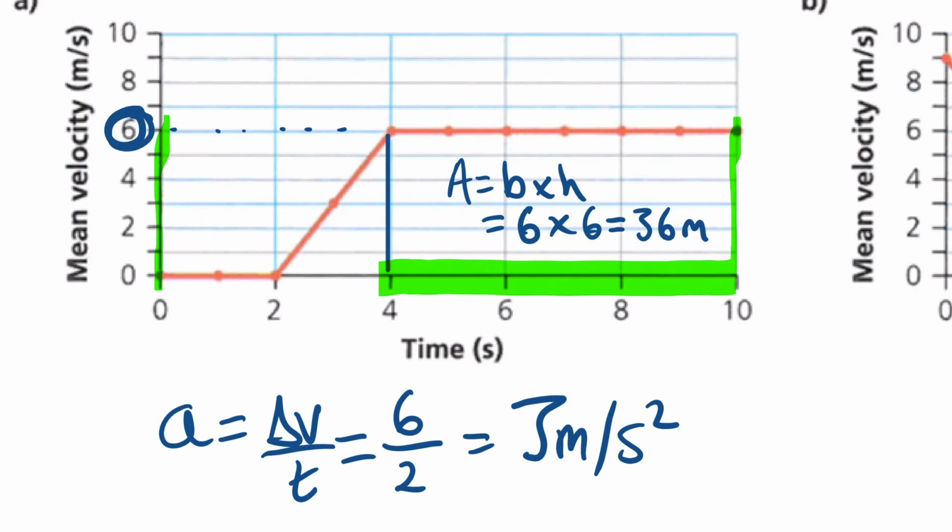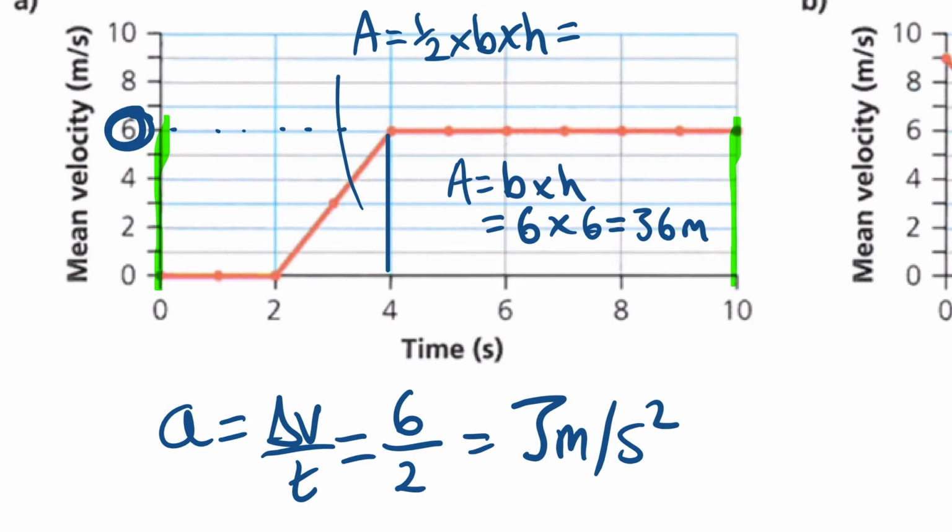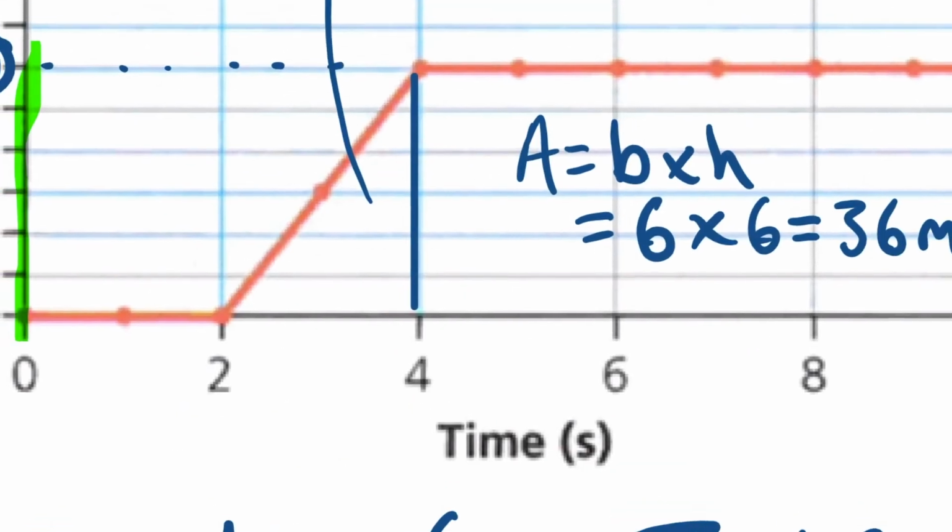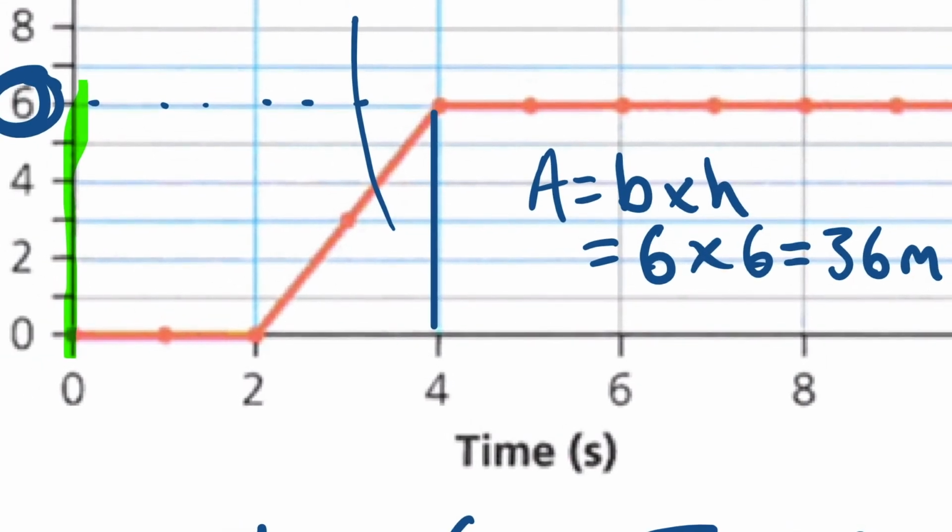To work out the area travelled between 2 and 4 seconds, what we need to do is use the equation half base times height. And let me just get rid of that green highlighting, and we can zoom in on this triangle. The base is going from 2 to 4, and the height is going from 0 to 6.